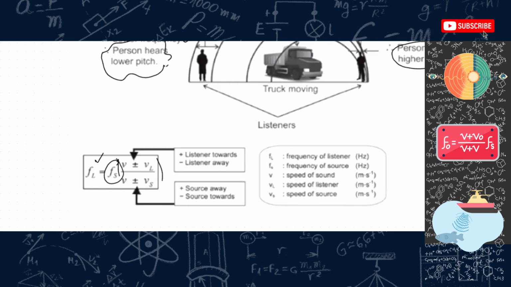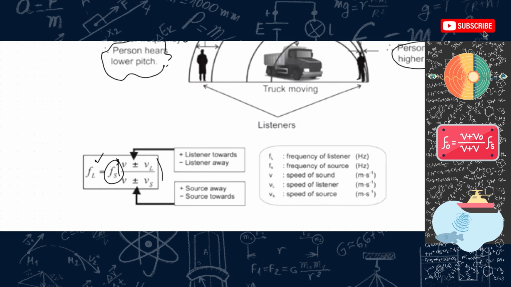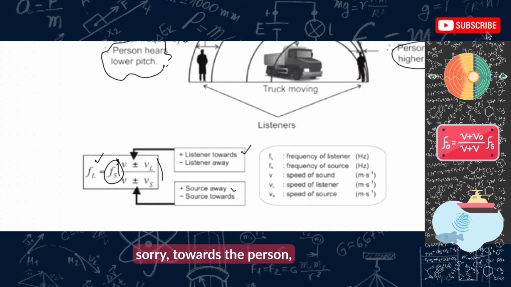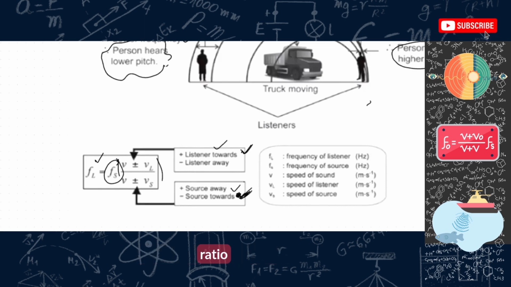All right. So when the truck, or in this case, whatever sound source, is moving towards the person, at the top we're going to add, and at the bottom we're going to subtract, right? It should make sense because we want a higher ratio between the two as it's moving towards.